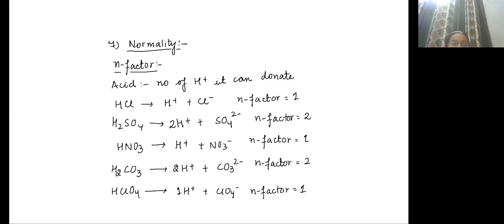Okay. Now exception is phosphoric acid. H3PO4, sorry, H3PO4, H3PO3, H3PO2. Now these are the 3 acids. By looking at these acid, you will feel that N factor should be equal to 3 because it contains 3 hydrogen.